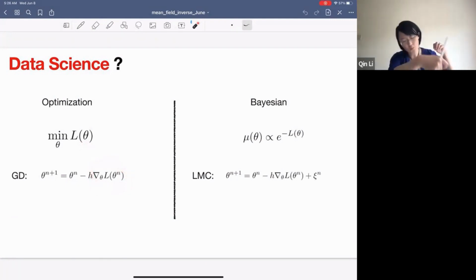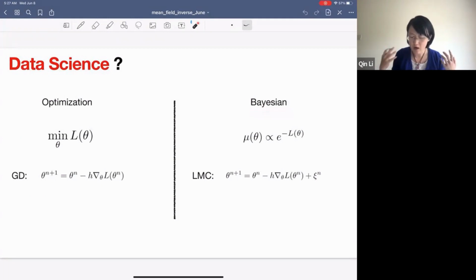If I walk in the right direction, there's a chance that in the future, I find a better point where the loss function is smaller. So that's gradient descent. And there are many other algorithms that are a variation of gradient descent. So let's ignore the discussion over here.